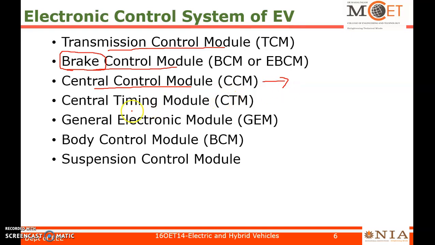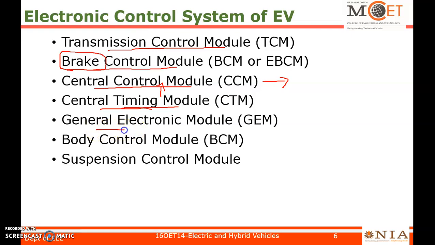This central control module sets the time to control each and every subsystem of the electric vehicle. This is said to be the central timing module, which is synchronized with the central control unit.